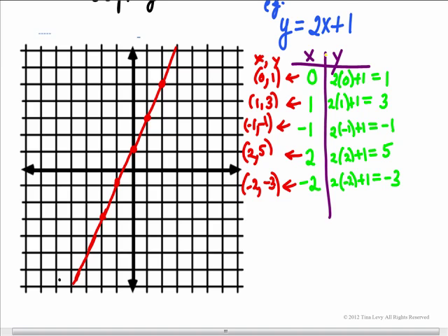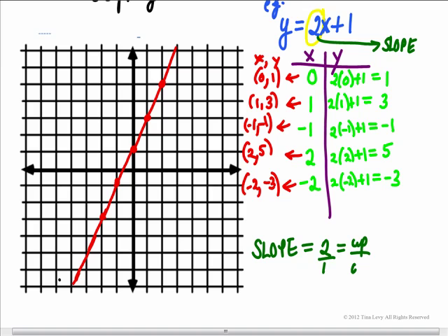From the equation, there's significance for the coefficient of x once we have y equals something x plus something. This, too, once we have it as y equals, is known as the slope. In this particular equation, we write the slope as a fraction. It's 2 over 1, and that's going to be an up-to-over ratio.